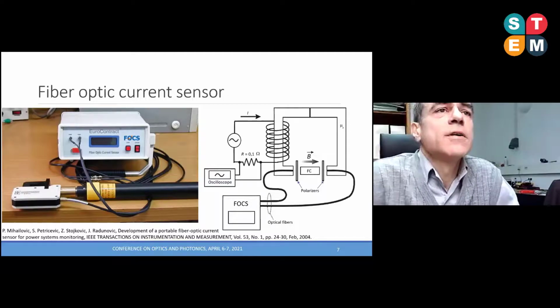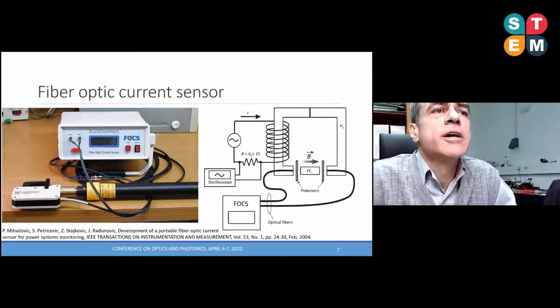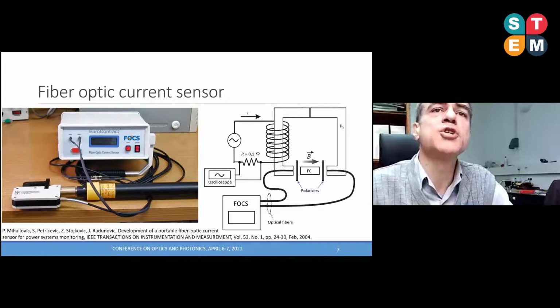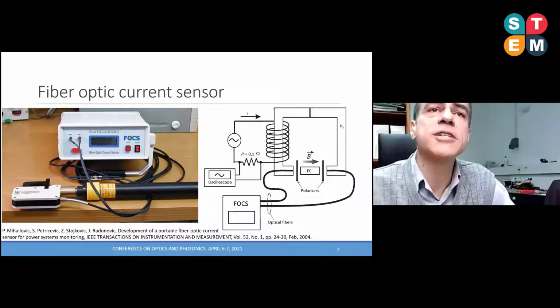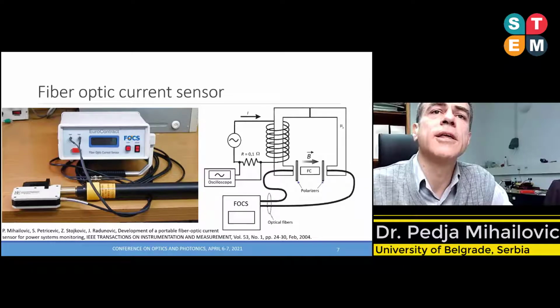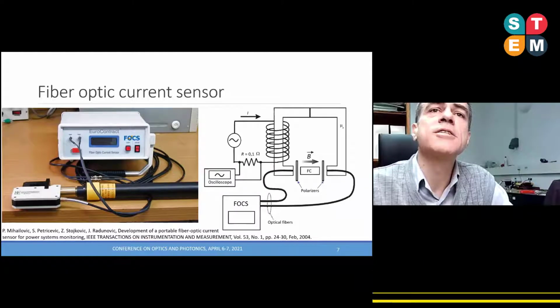Well, one example is our fiber optic current sensor, and it is meant for measurement of current in power systems, so high currents. And we actually have a magnetic ring concentrator that can open and close around the conductor, and you can see the Faraday crystal here in the gap and the polarizers.